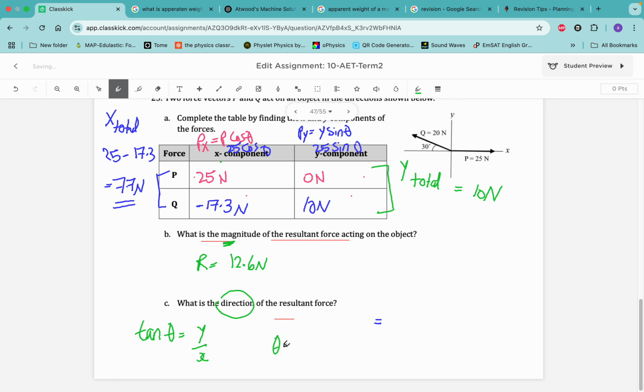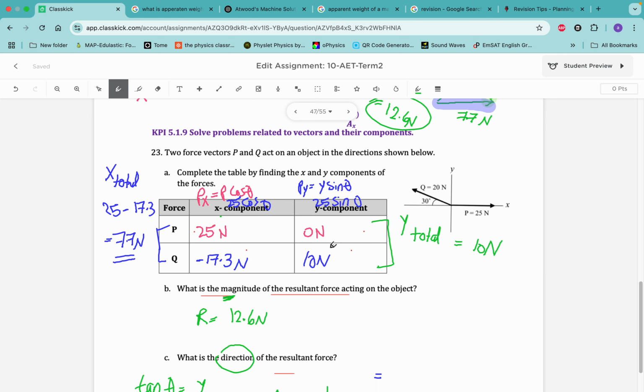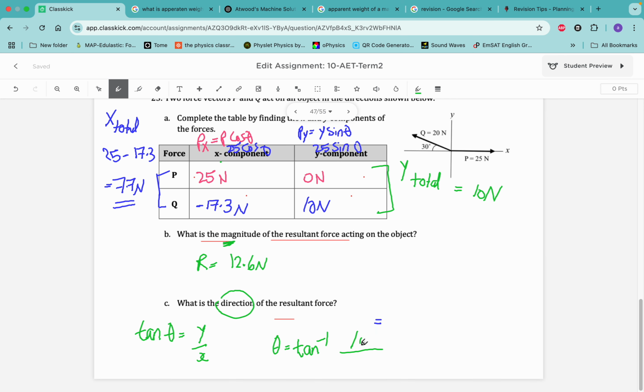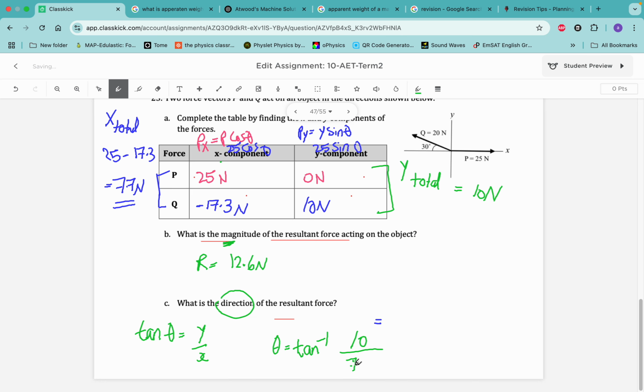So if we need to find theta, which is the angle that shows the direction, it would be tan inverse of y over x. Our y is 10, our x is 7.7, so 10 over 7.7.